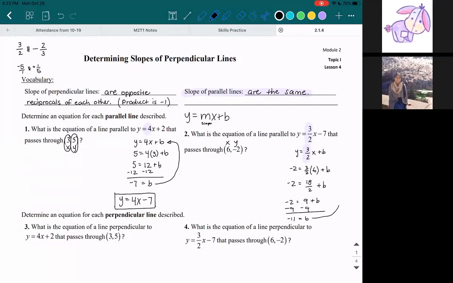We're not done yet. We must plug it back into our first equation, and I'm going to write the answer over here where I have space. And then instead of plus b, we have -11 because our b was -11. So this boxed answer, this is the equation of a line parallel and passing through that point. Remember, if you have a question, please ask.